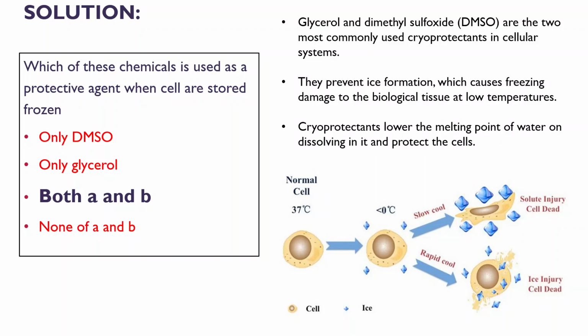For this purpose, we use appropriate cryoprotective agents. They help to bring down the freezing point of the medium in which cells are stored. Also, they allow a slower rate of cooling to prevent the formation of intracellular or extracellular crystals during the process of freezing.